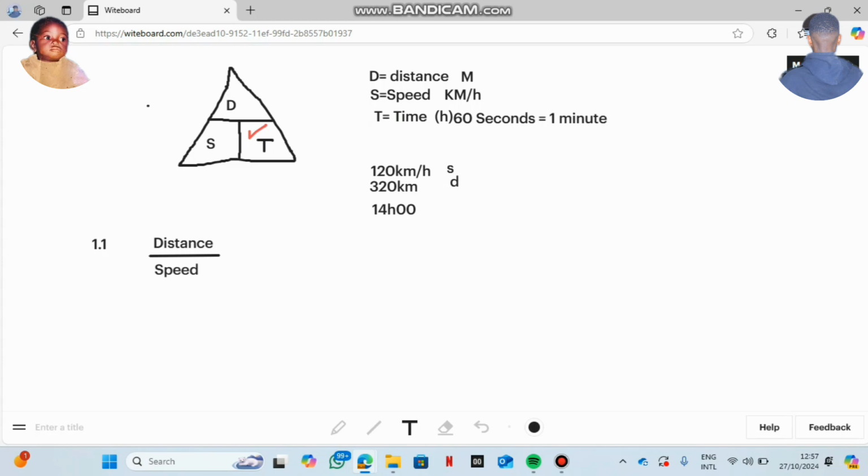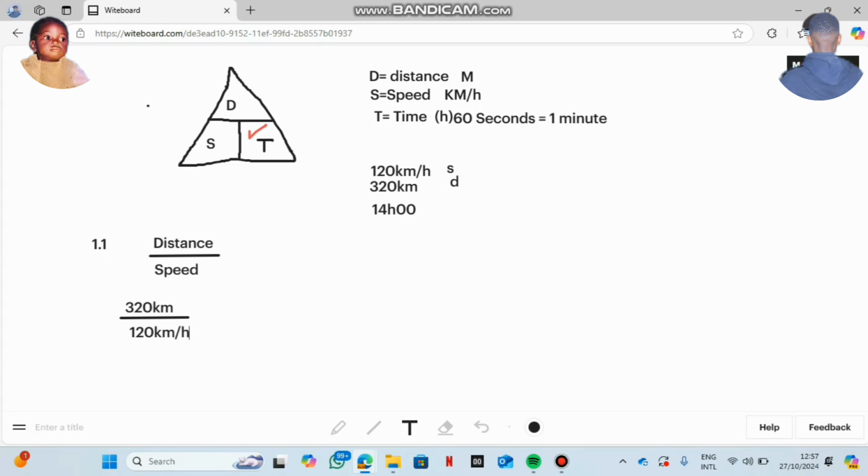What is your distance? Your distance from Centurion to Polokwane is 320 kilometers. And then you put the division sign, and what is your speed? Your speed is 120 kilometers per hour.